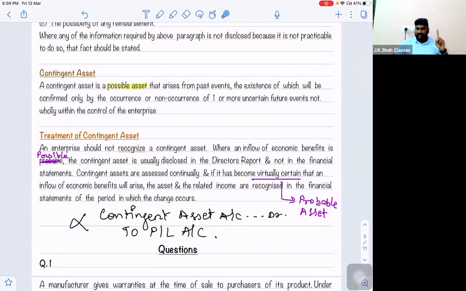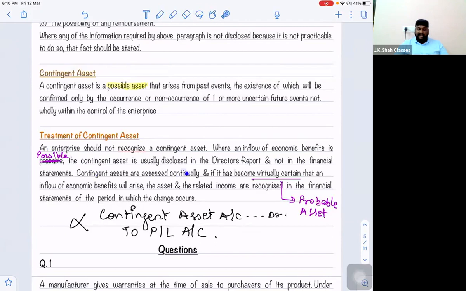Right? So if you are virtually certain and the asset becomes a probable asset for you, then definitely you can record the contingent asset as well as the corresponding revenue out of it in the statement of profit or loss. So what it says: an enterprise should not recognize a contingent asset where an inflow of economic benefit is only possible. The contingent asset is usually disclosed in the director's report and not in the financial statements.